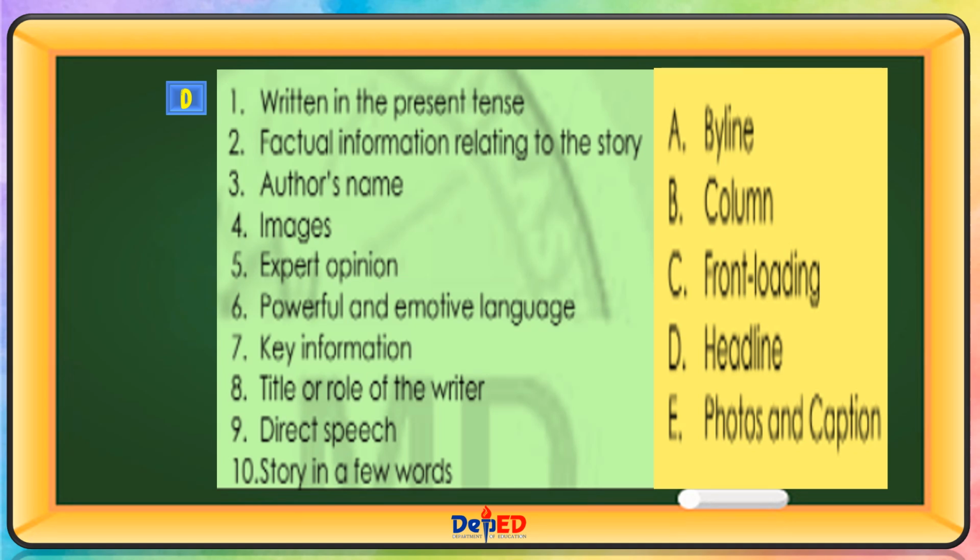This is letter B. Column. Author's name. This is letter A. Byline. Images. This is letter E. Photos and caption. Expert opinion. This is letter B. Column.